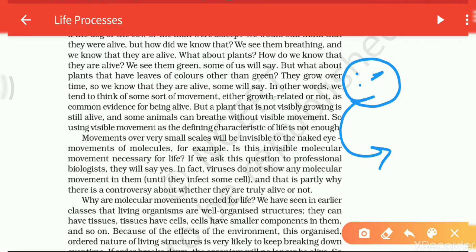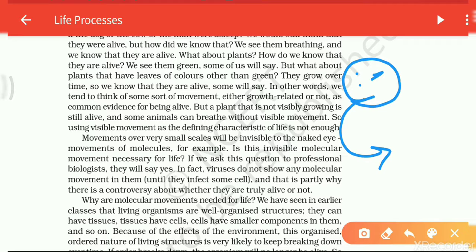So we can see that the movement of molecules is very necessary for our body and in our life.